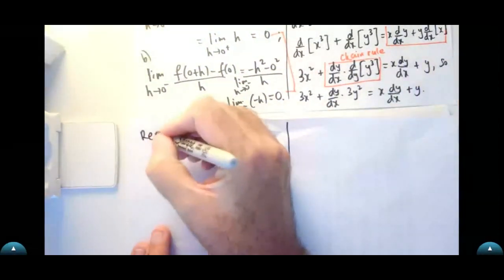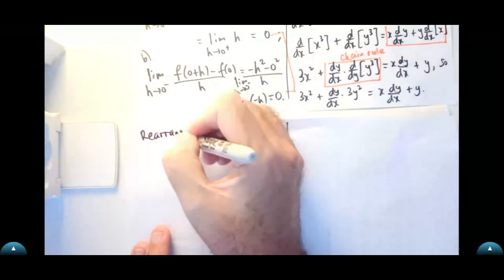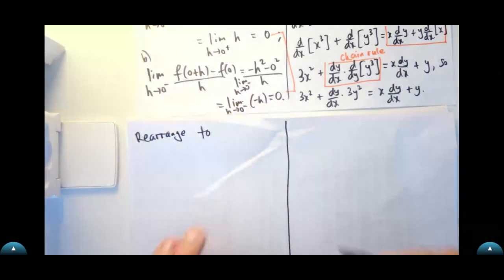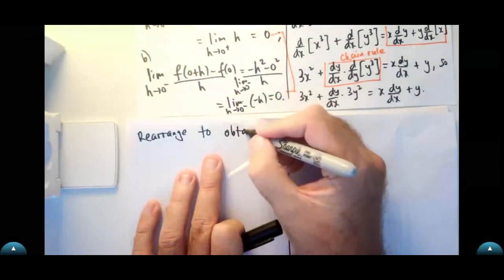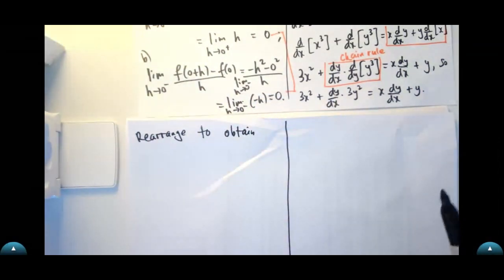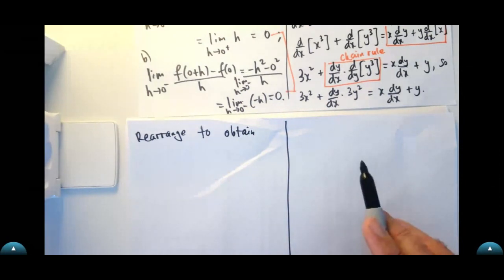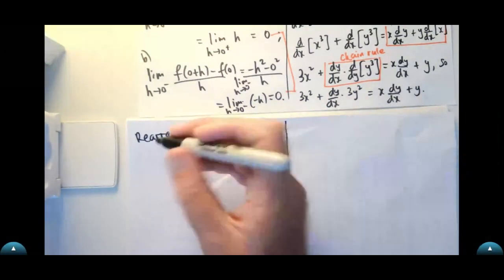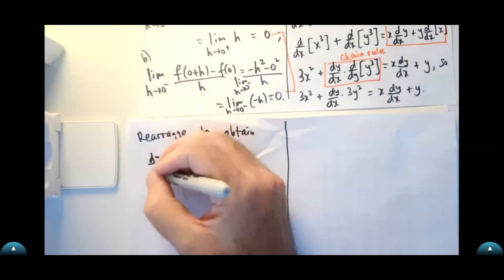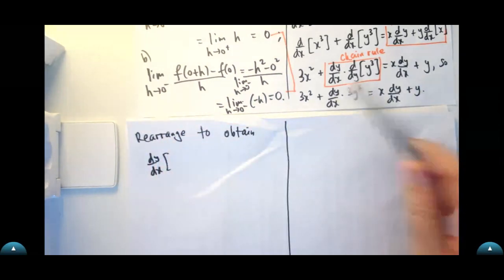Okay, so rearrange to obtain the following. So which way have I done it there? I'm going to take that to the other side and factorize.